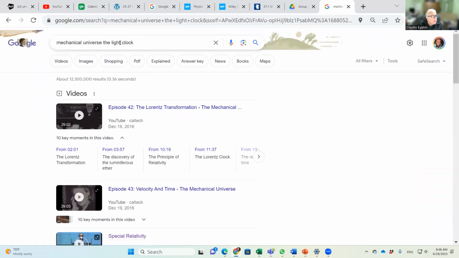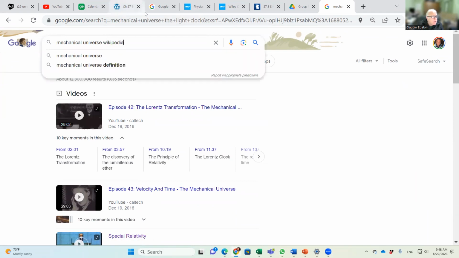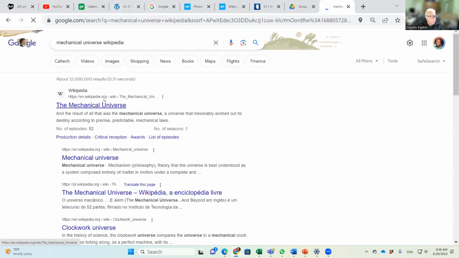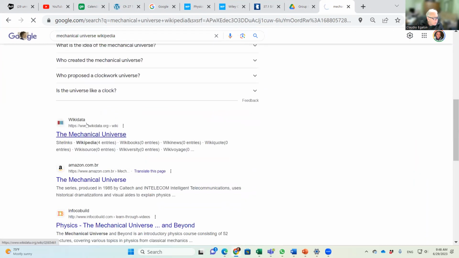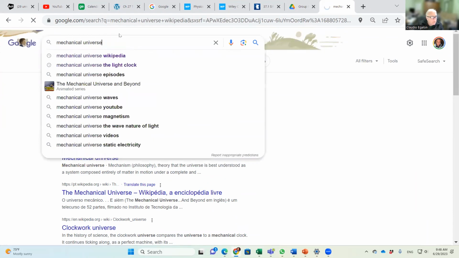Let's take a look. Mechanical Universe, Wikipedia. They have an entry for the Mechanical Universe on Wikipedia, but for some reason my Wikipedia is not coming up. Okay, let's try the Mechanical Universe again.